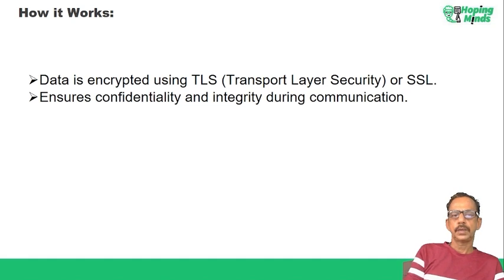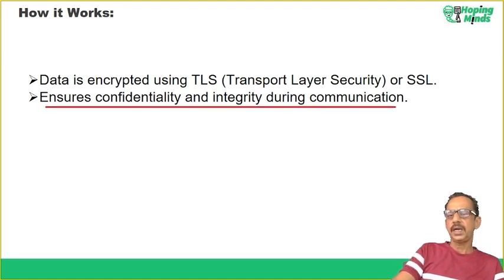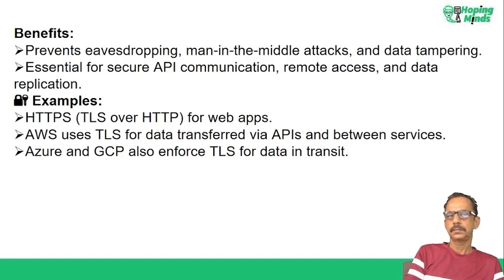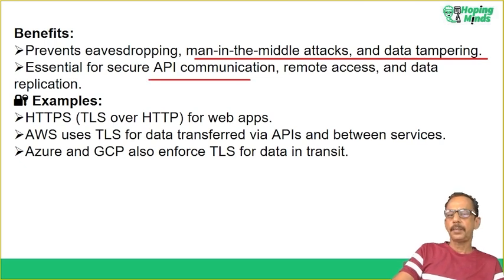How it works: encrypted using TLS, Transport Layer Security, or SSL, ensuring confidentiality and integrity during communication. The benefit is to prevent eavesdropping, man-in-the-middle attacks, or any type of data tampering. Essential for secure API communication and remote access.